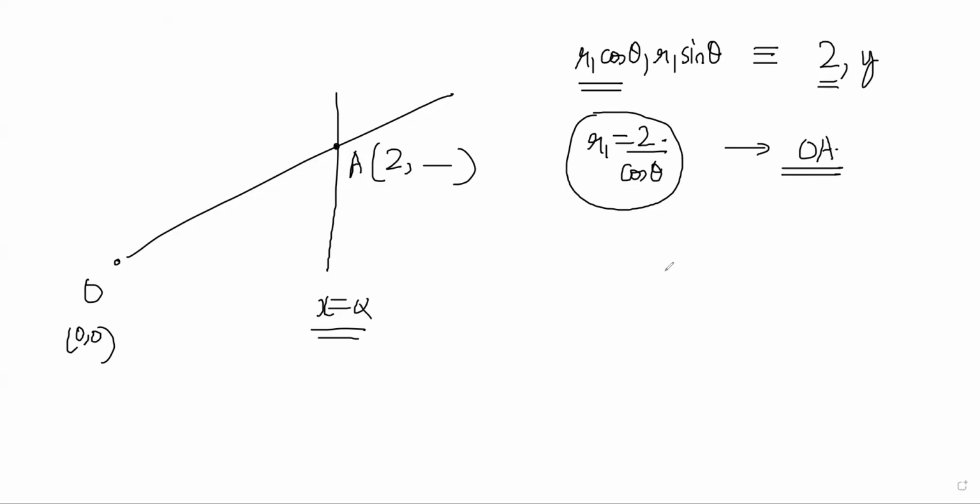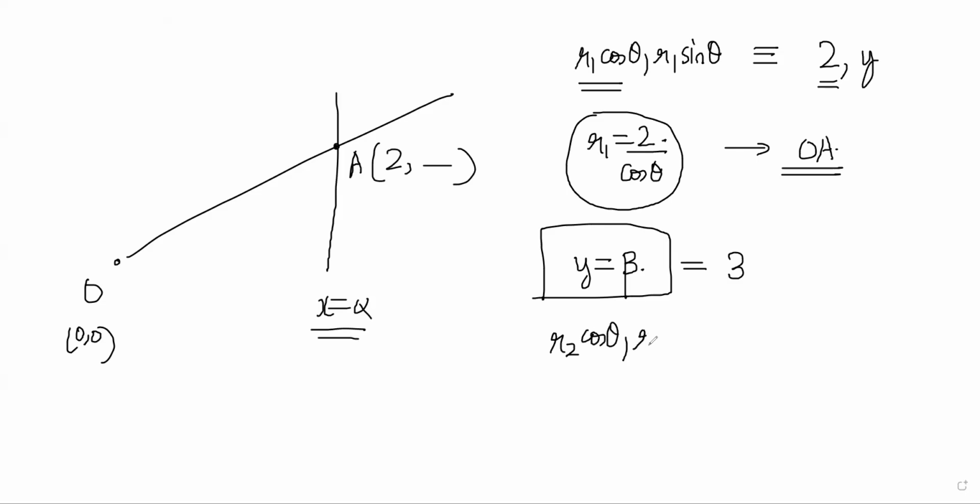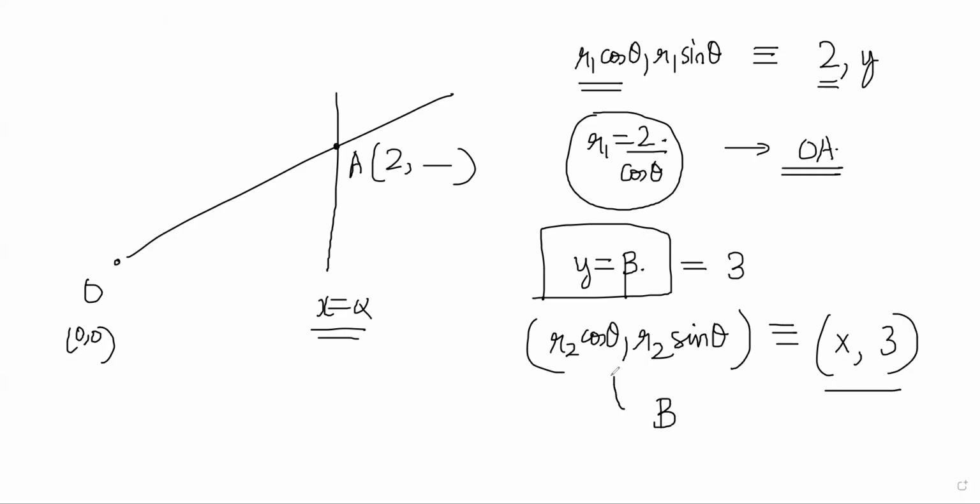Similarly, it also cuts the line y equal to beta. So y is equal to beta, and beta is equal to 3 actually. So you also have (r2 cos theta, r2 sin theta) the same as (some x coordinate, 3), right? This is my point B, by the way. So from here I will get r2 sin theta equal to 3.